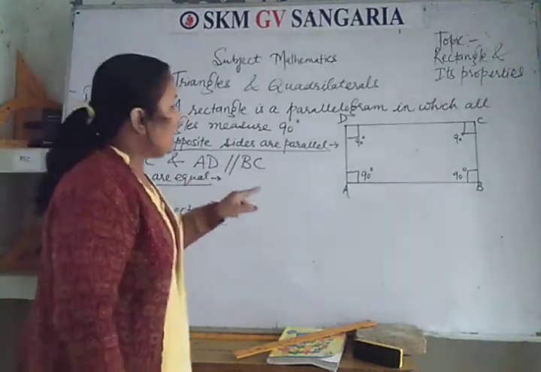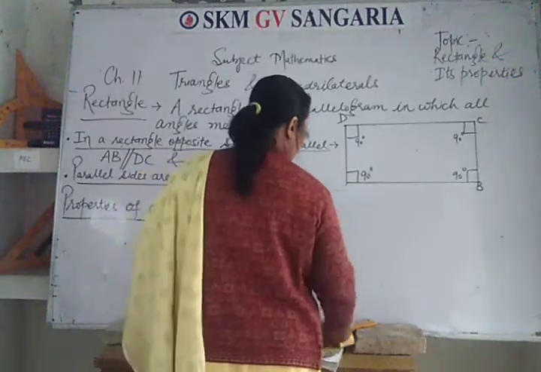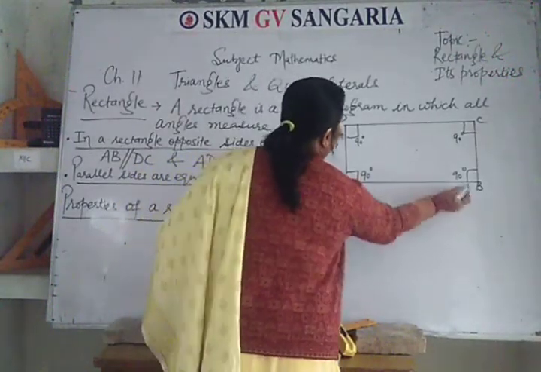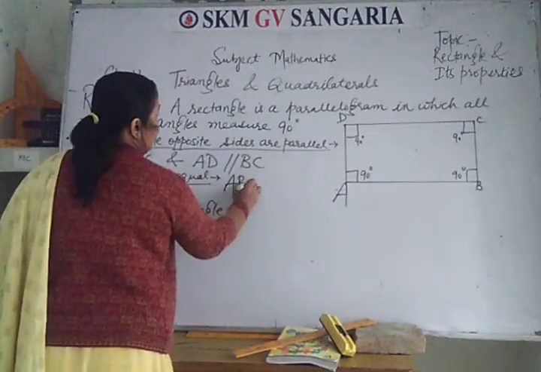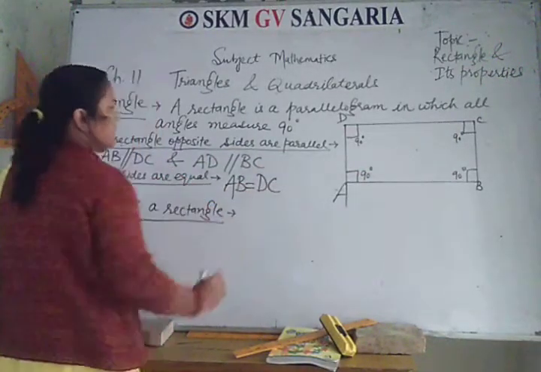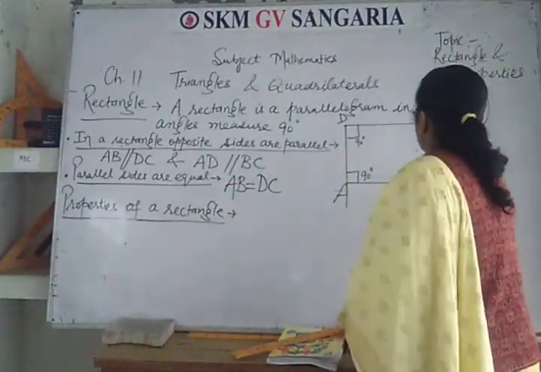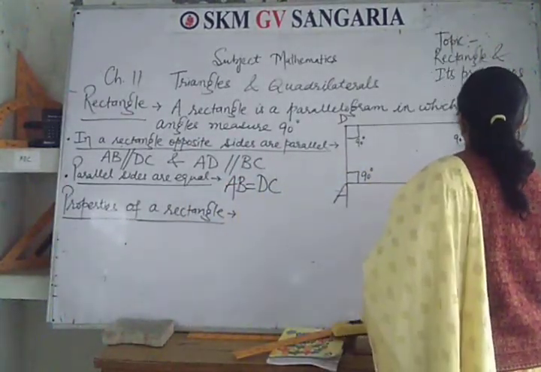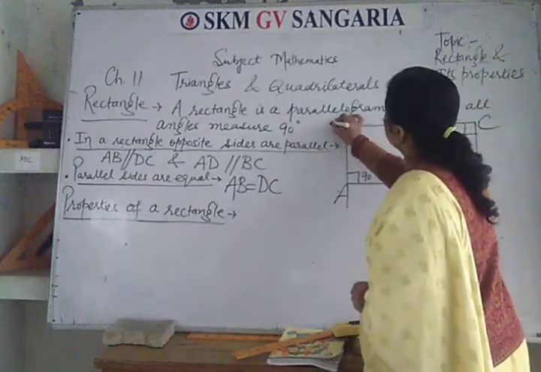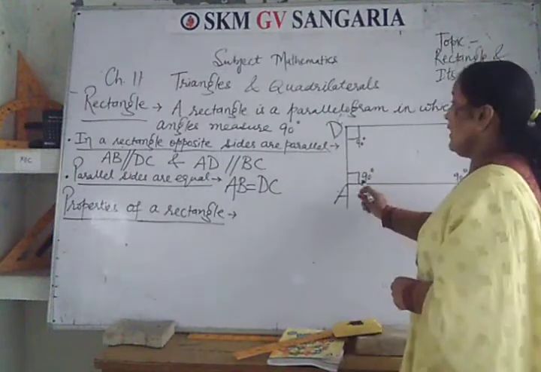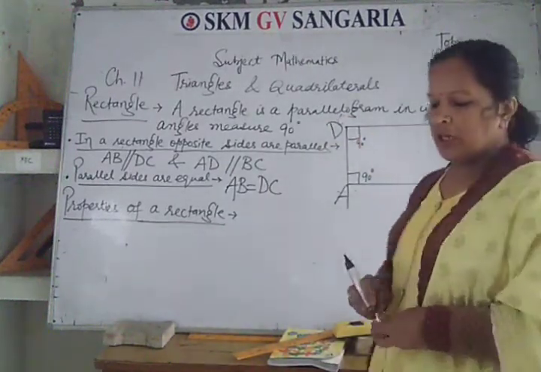Means AB is equal to DC and AD is equal to BC.